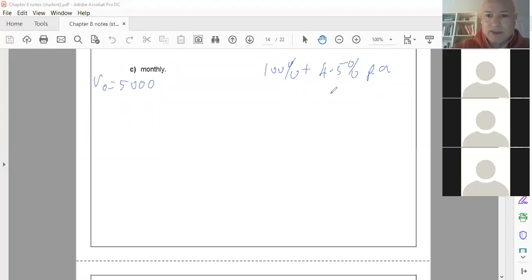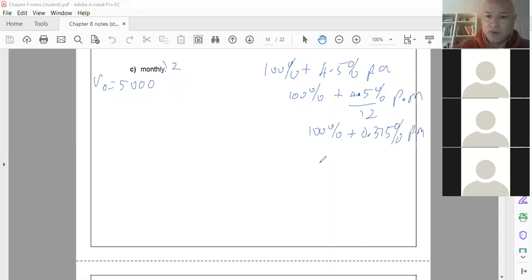So we want it monthly. So 100% plus 4.5% divided by 12 months in a year. Per month this time it's going to be. So when I do that, and I'm going to do the whole thing on my calculator, 4.5 divided by 12, this gives me 100% plus 0.375% per month.